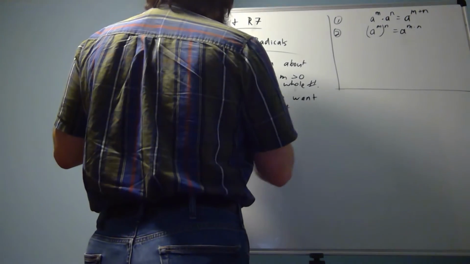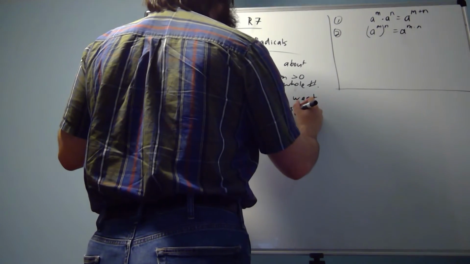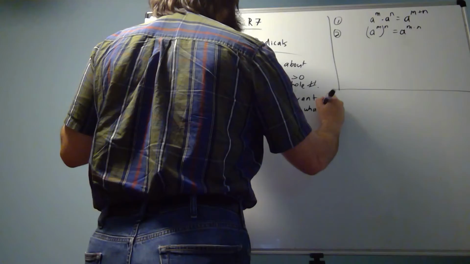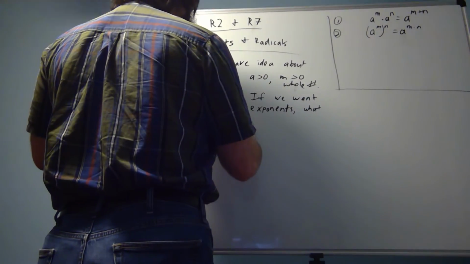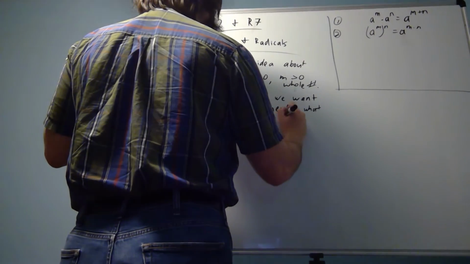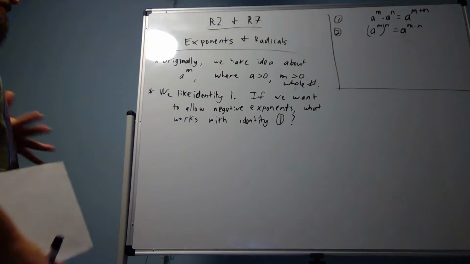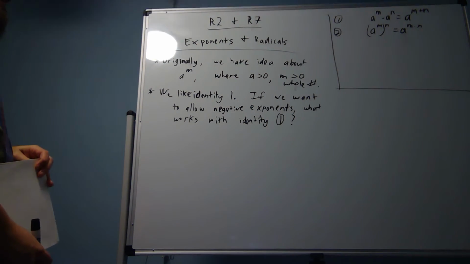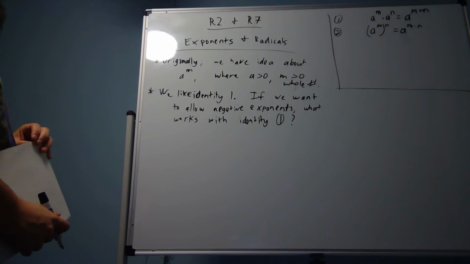So if we want to allow negative exponents, well, identity 1 is very close to our hearts, as that's one of the first things that we learn about exponential notation.